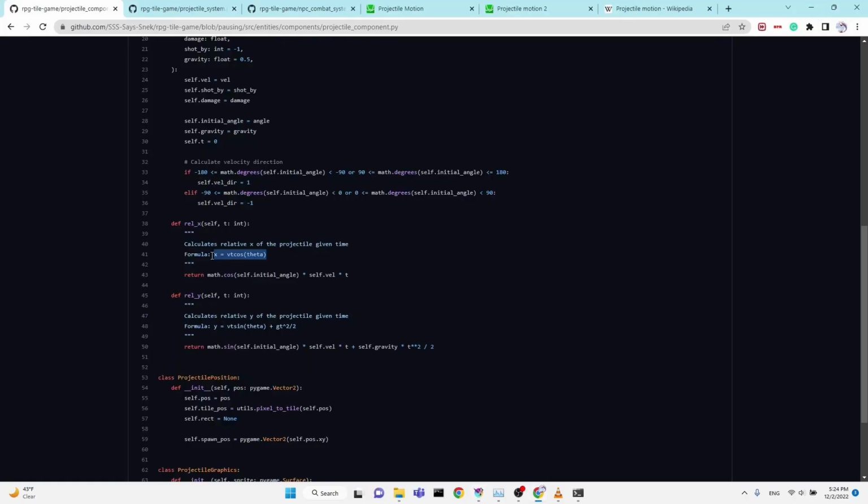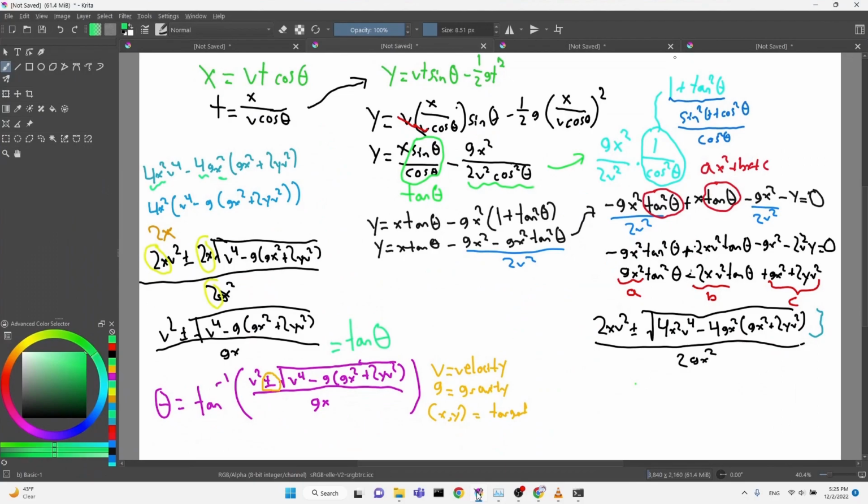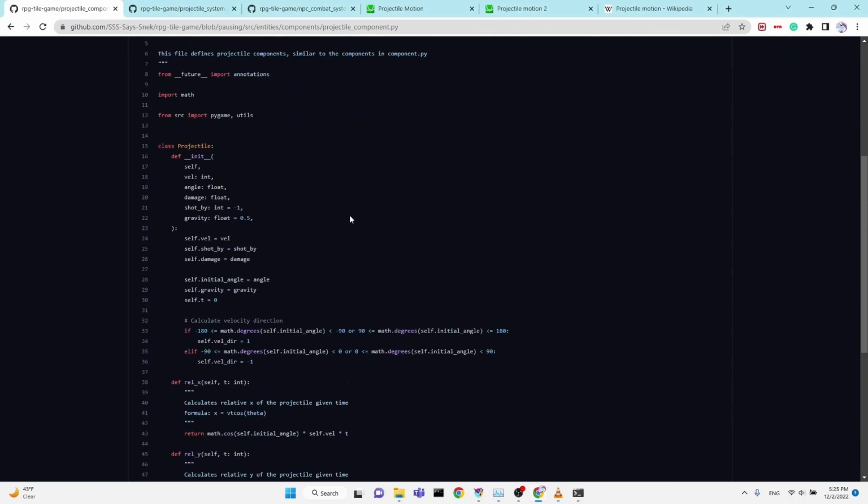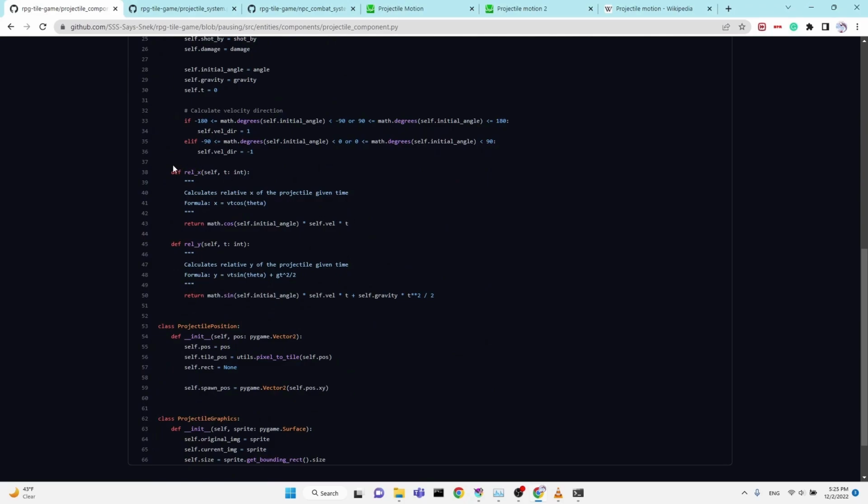In here we have x equals vt cosine of theta, and y is vt sine theta minus half gt squared. Yeah, vt sine theta minus gravity times t squared over 2. That's the same, right? So we have these two helper functions, and we're going to use them soon.